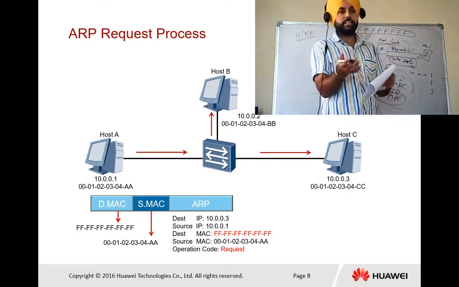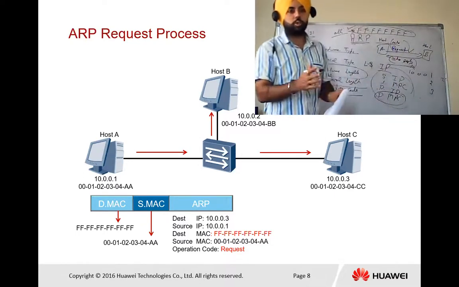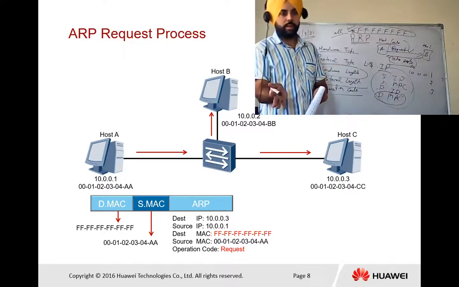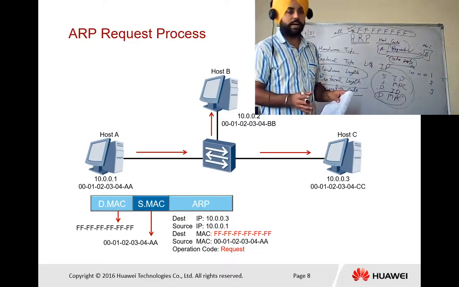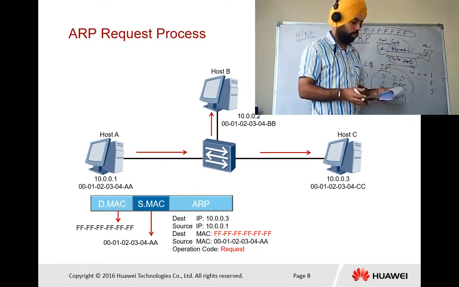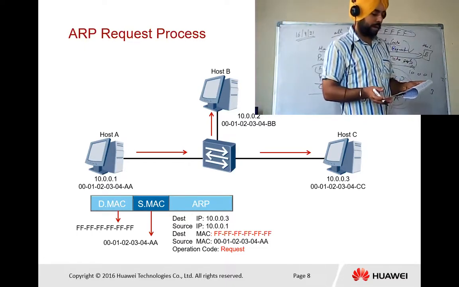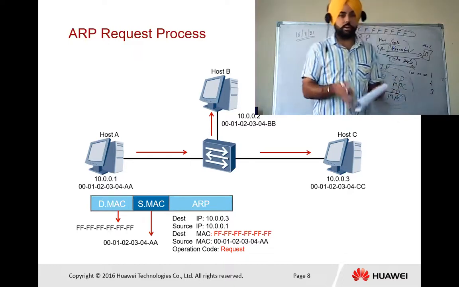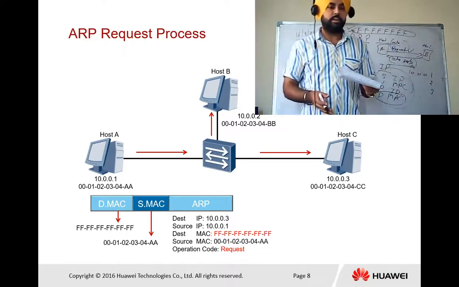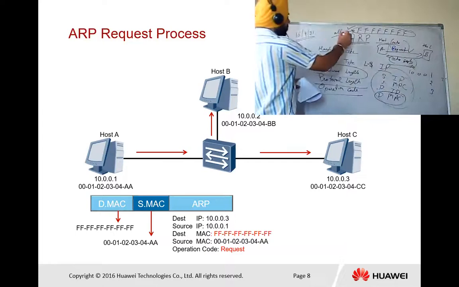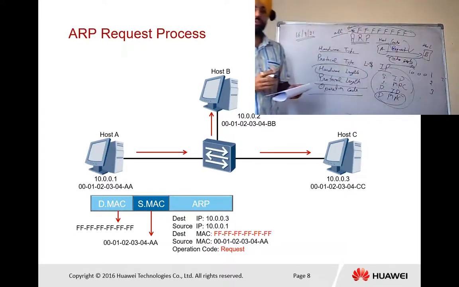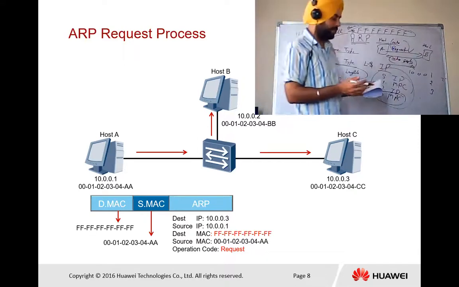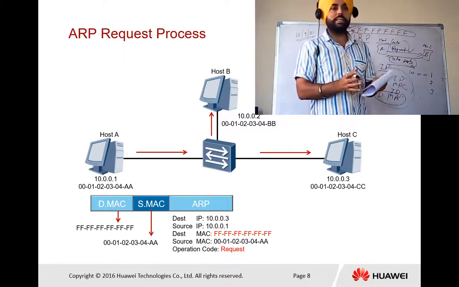In this case, host A wants to communicate with host C, but host A doesn't have any MAC address entry in its MAC table. So what will it do? It will broadcast the packet to the whole network. The broadcast address is all F, which means the packet will go to all the PCs.